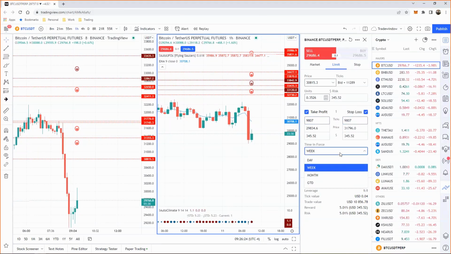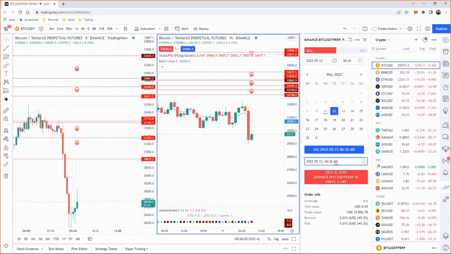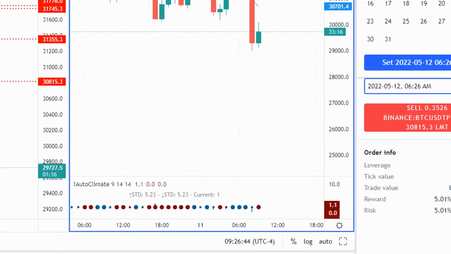Something that I want to leave in effect here is I don't want to leave this on for a week, because something that I like about the auto climate is the following. You see where it says here that currently it's the first down climate. That's why it says current here is the first one. And you see this STD and there's a down arrow here. Let me zoom in a little bit so you can see it better. You see this STD down, STD up.